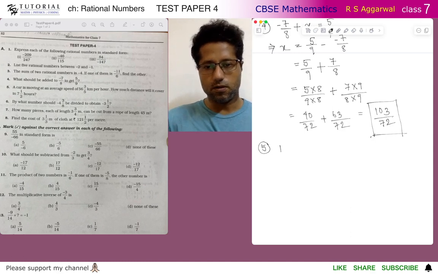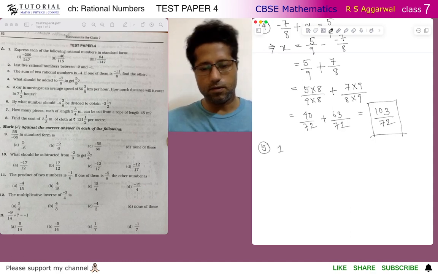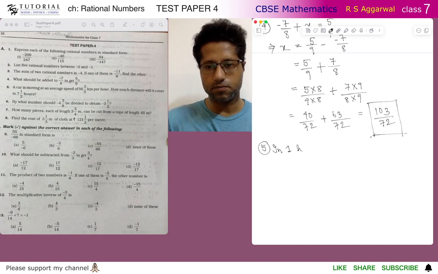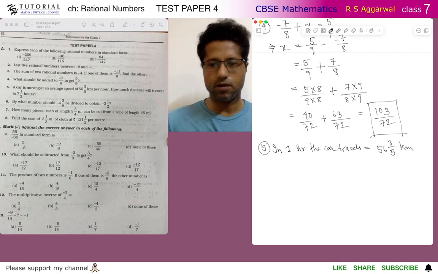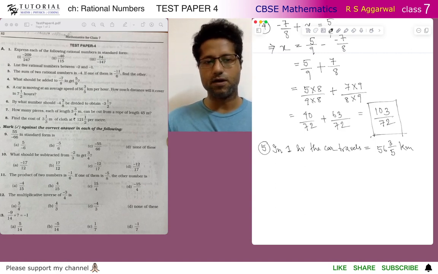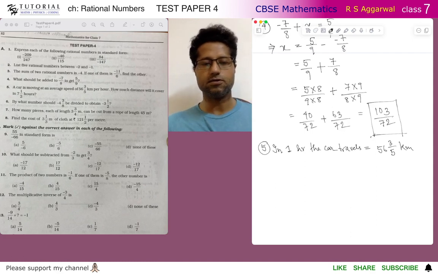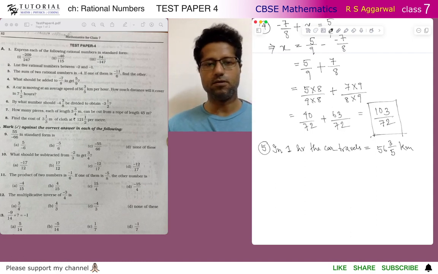So in 1 hour, as per the speed given, the car travels 56 3 by 5 kilometer. Since the speed of the car is given as 56 3 by 5 kilometer per hour, that means in 1 hour the car travels 56 and 3 by 5 kilometer.